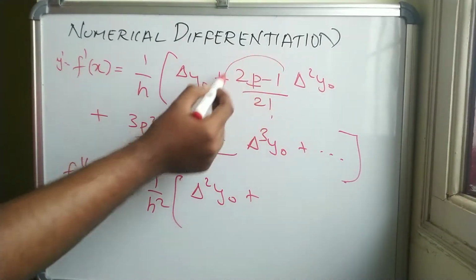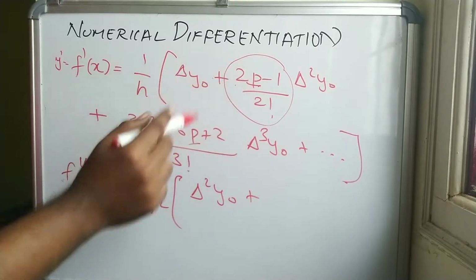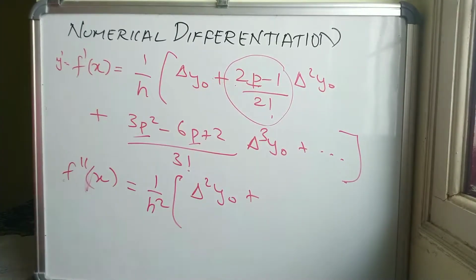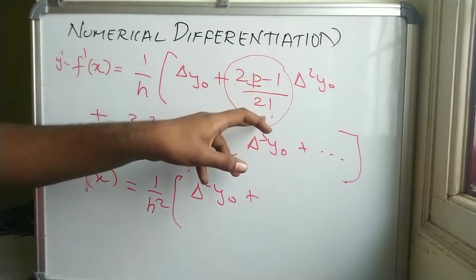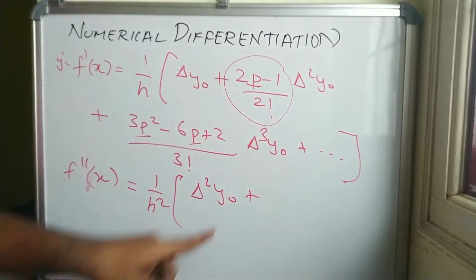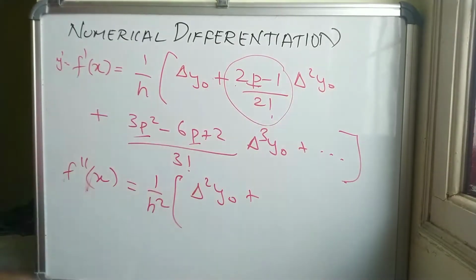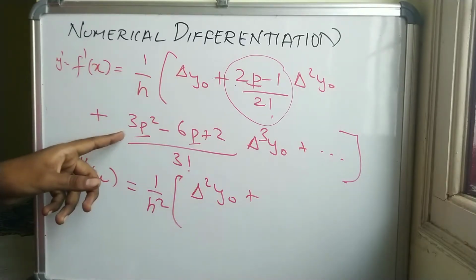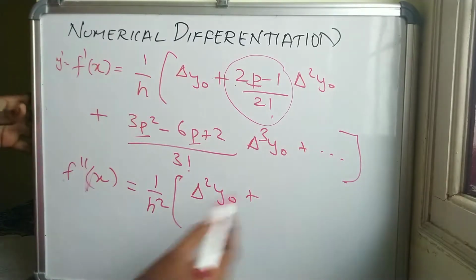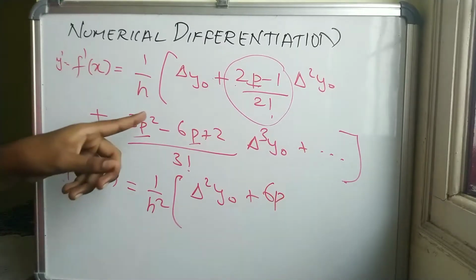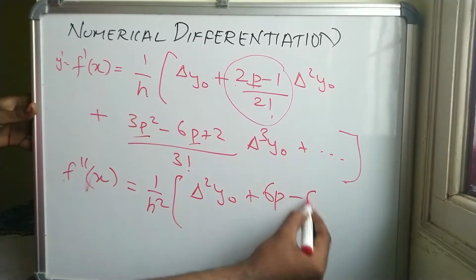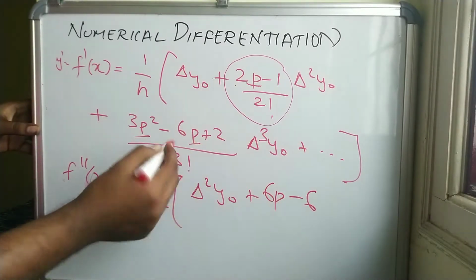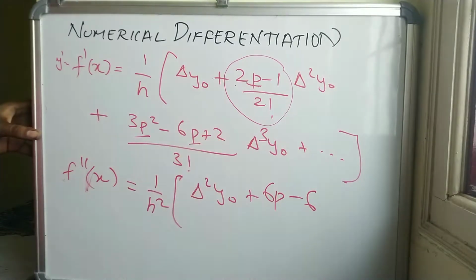Now when you differentiate the term 2p, the differentiation of p is 1, so 2 minus 1, 2. 2 by 2 factorial is nothing but 1, so 1 into delta square y naught. This term is constant, so it becomes 0. Plus 3p square, whose differentiation is 6p. 6p minus 6, the differentiation of 6p is 6, so minus 6 plus 2, that is 0.